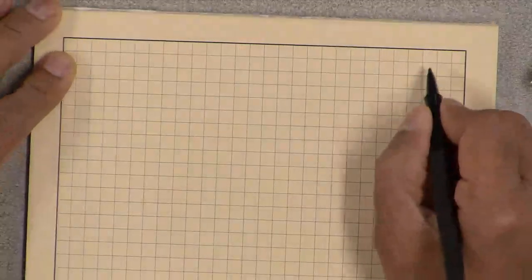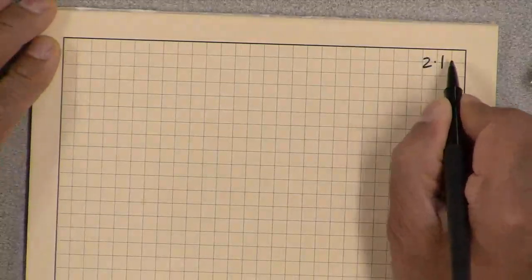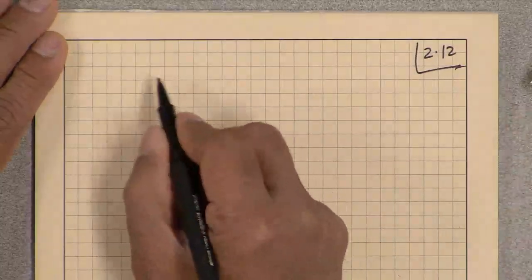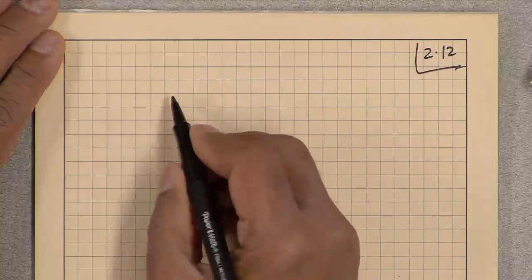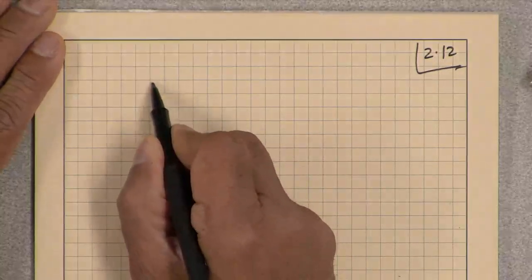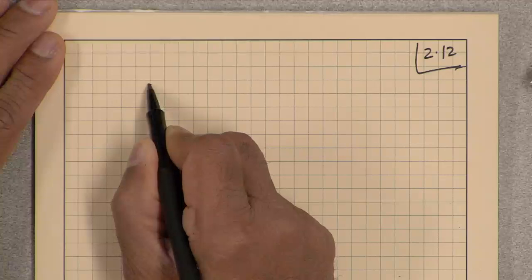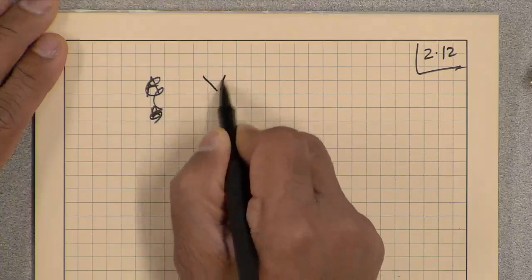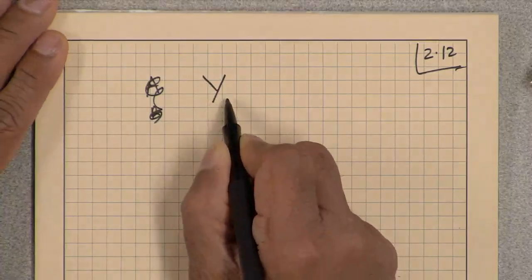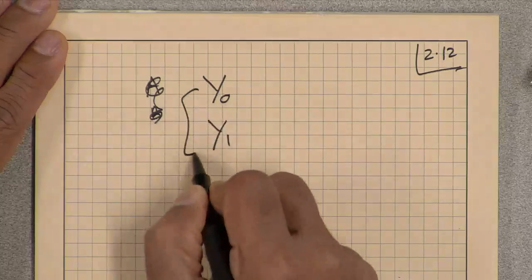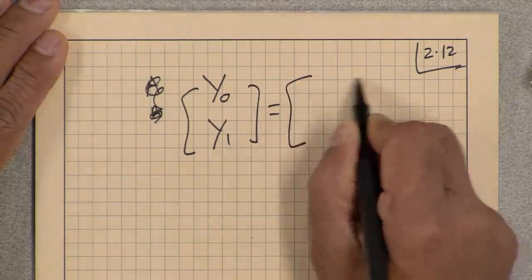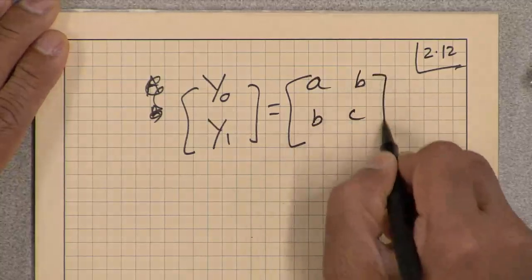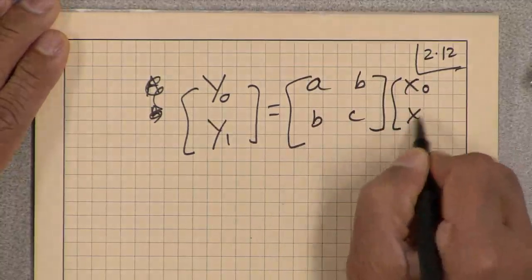Okay, so let's just briefly talk about this whole idea of transposition. Let's say we have some Y0, Y1 is equal to the matrix A, B, B, C. This is symmetric, times x0, x1.